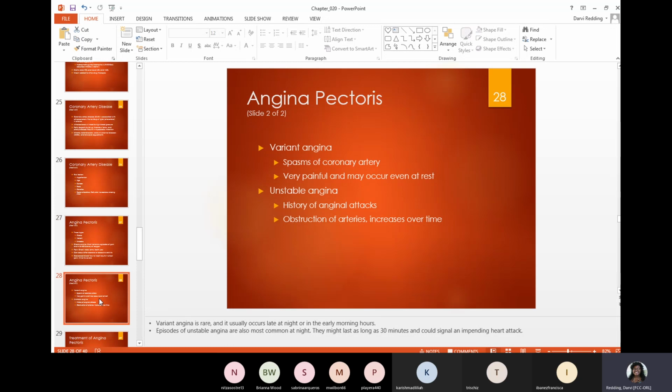Now, with unstable angina, that's a person who's experiencing a history of anginal attacks. And if a person continues to have that, obstruction of the arteries can increase over time. And although variant angina is rare, it usually occurs late at night or in the early morning hours.